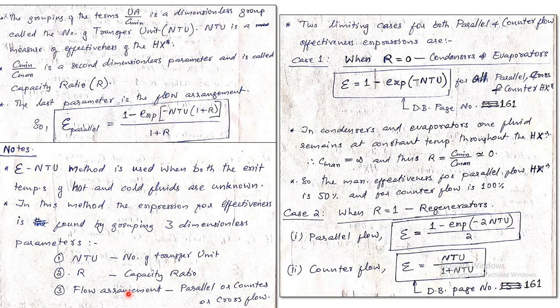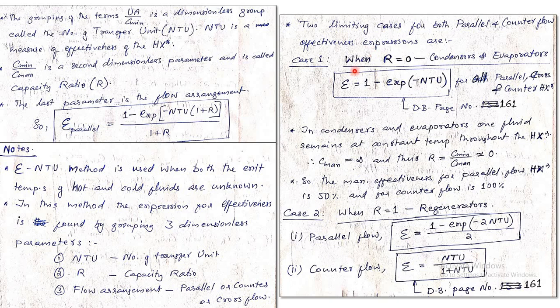And as we already said, the effectiveness NTU method is used when both the exit temperatures of the fluids are unknown. There are two limiting cases for both the parallel flow and counter flow effectiveness expressions. We will see them in the next slides.